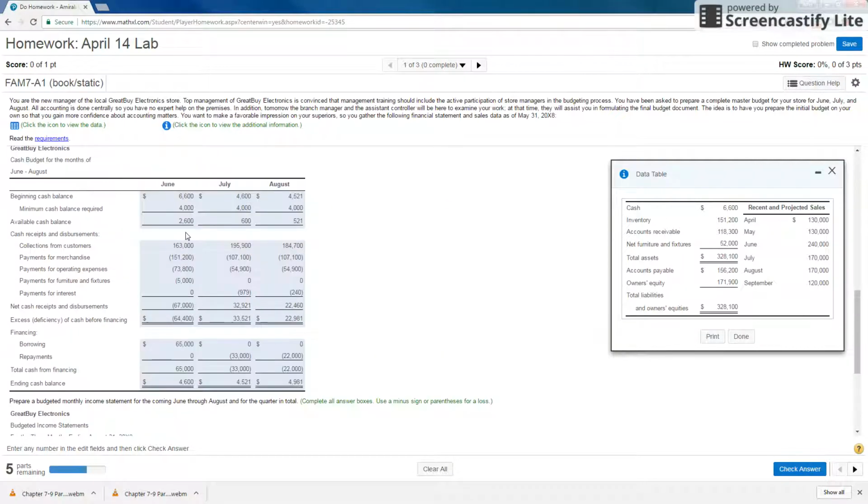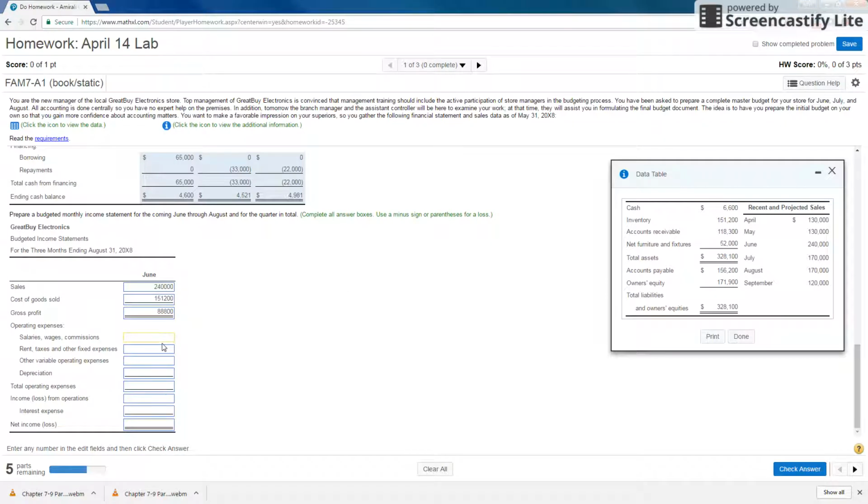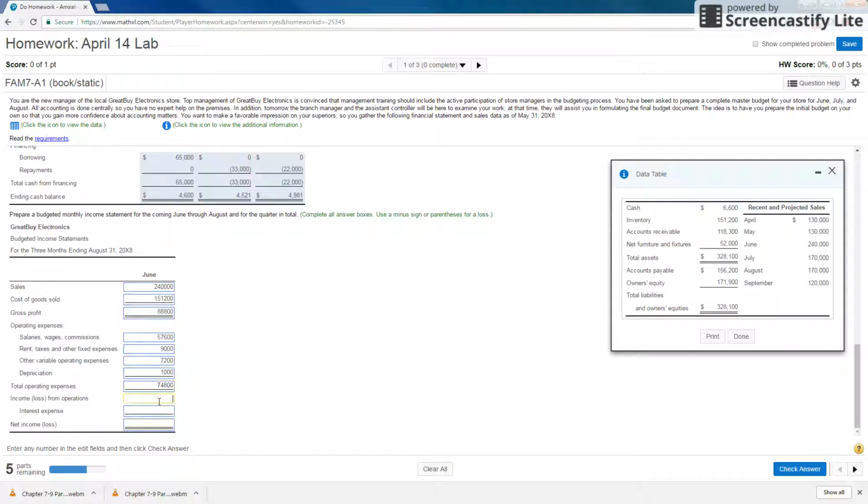Salary wage, we already calculate everything over here. So you just put those numbers back in the equation. So 57,600, rent and other fixed cost 9,000, variable cost 7,200, and depreciation 1,000. So the total is 74,800, and the income from operations is $40,000.